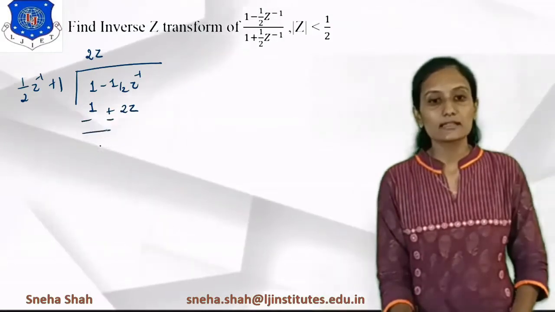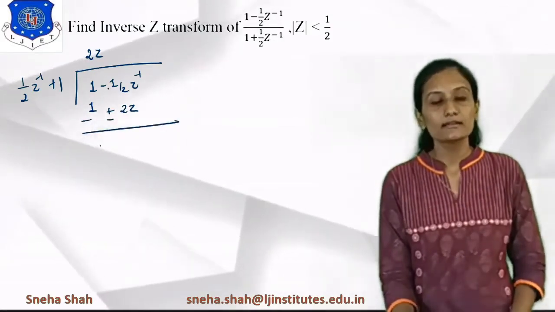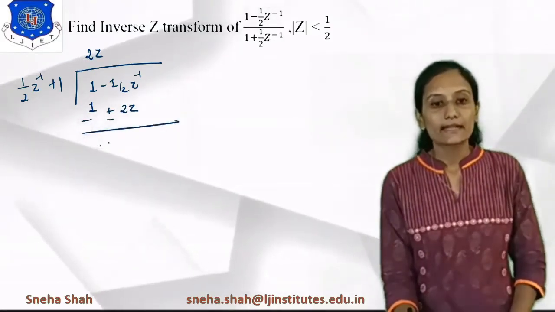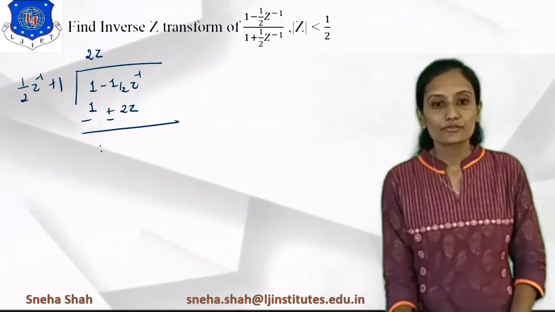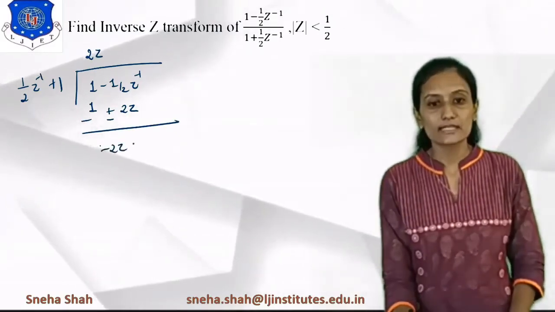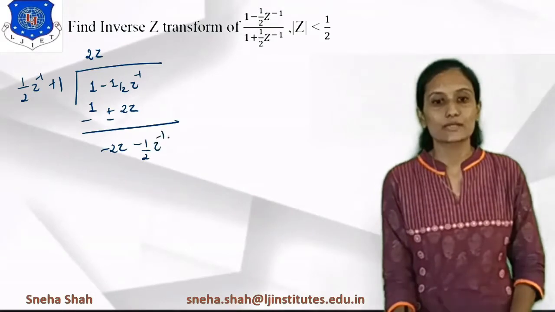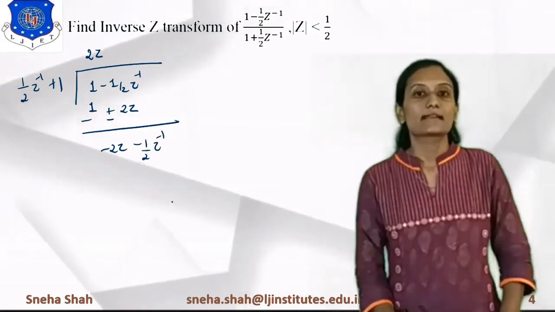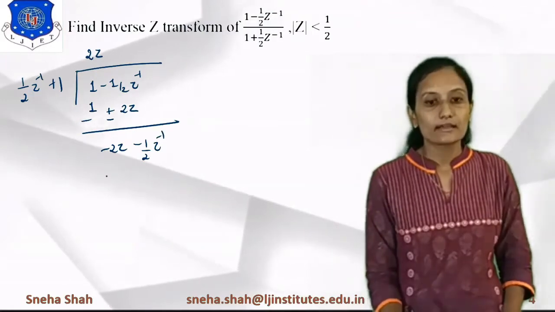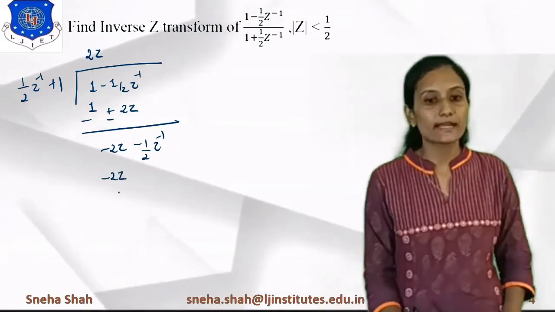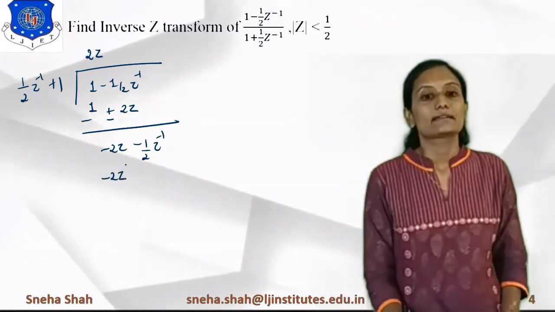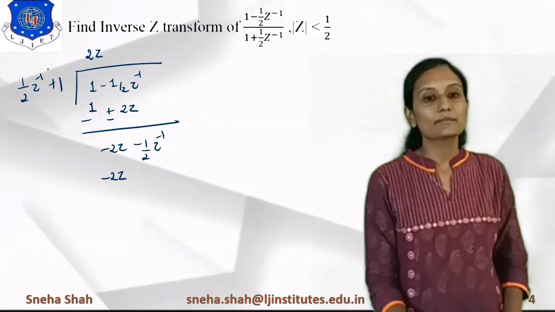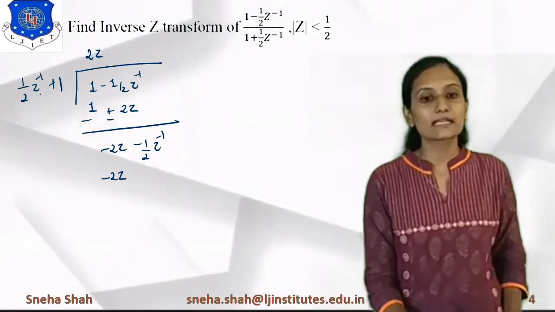Now I am changing the sign, so this will be the term. Now I am writing this value. So minus 2z, and this one is minus 1 by 2 z inverse. Right. Now if I am finding the value of this, then what will be the answer? If I have to find out minus 2z over here, then which term will multiply with this 1 by 2 z inverse?